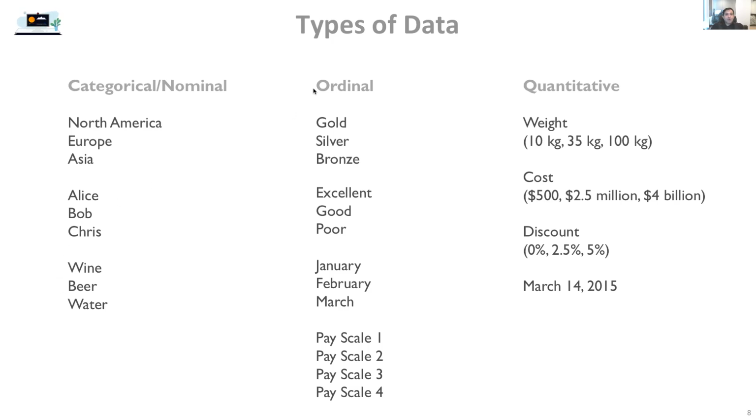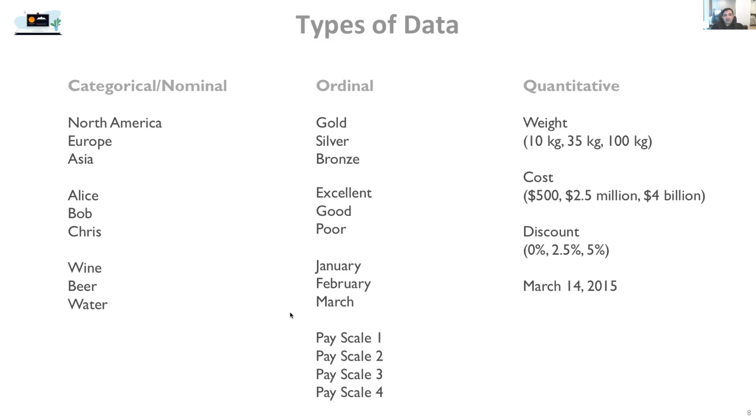And we have ordinal data. Ordinal data is similar to categorical data, except that it has a clear order. For example, medals, economical status, month, and pay scale of employees in a company. Although ordinal values often have numbers associated with them, the interval between those values is arbitrary.